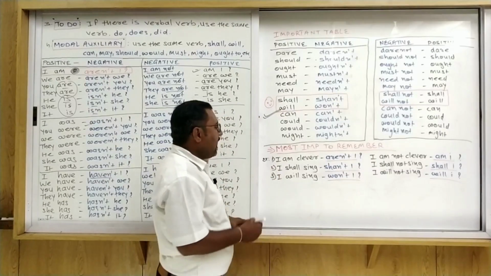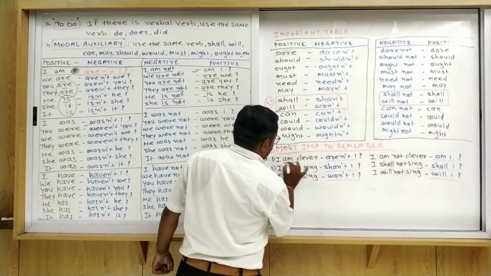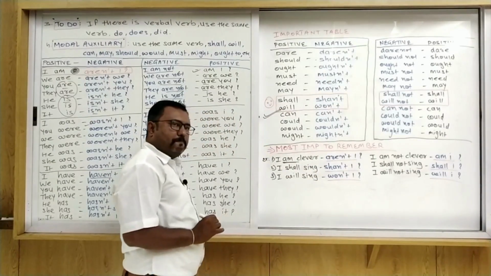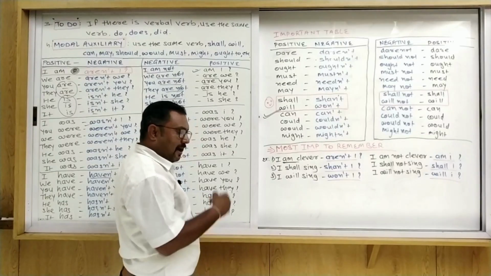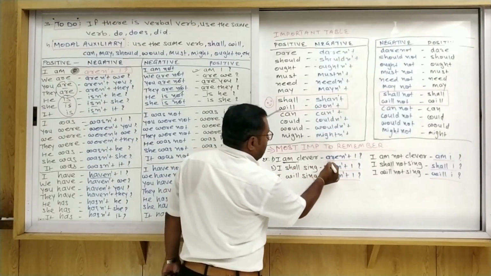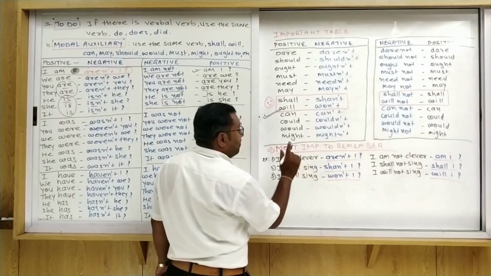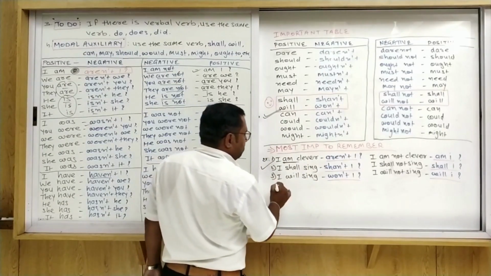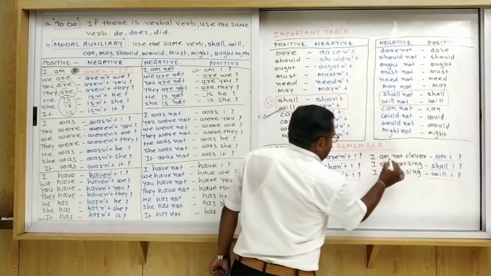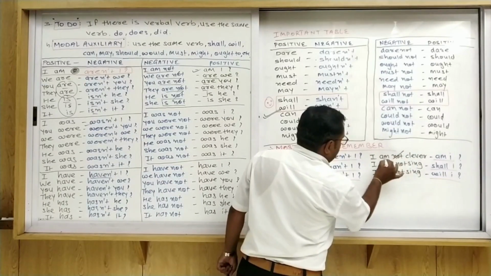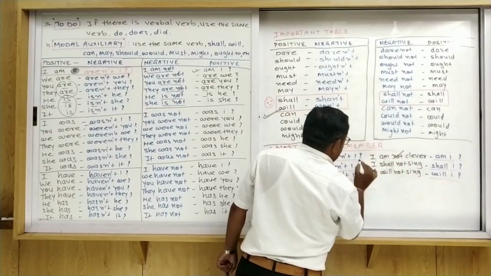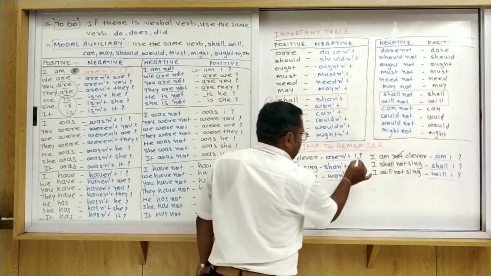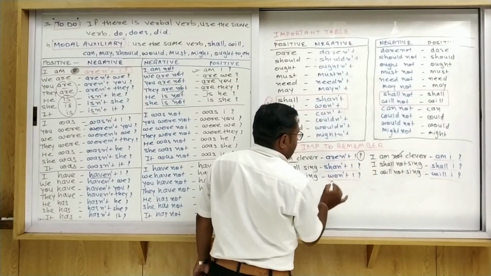For example, I am clever. This is a positive sentence. And how can we make it? Aren't I? So, I am, aren't I? So, first thing you have to remember. For example, the same thing. I am not. So, am I? Here the question mark is necessary.